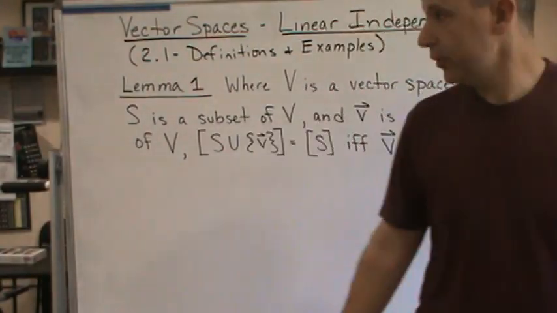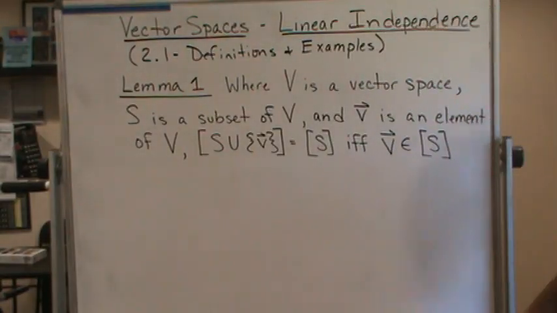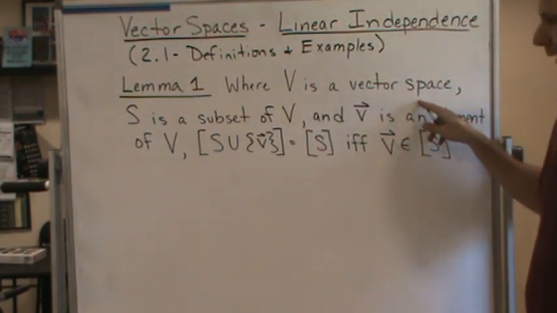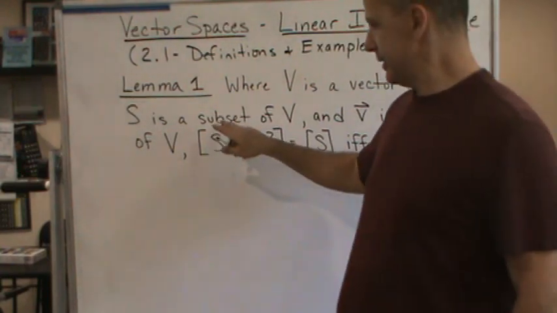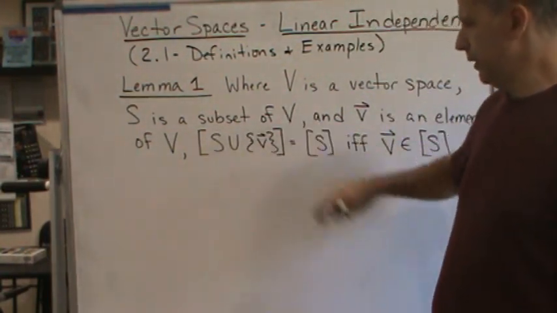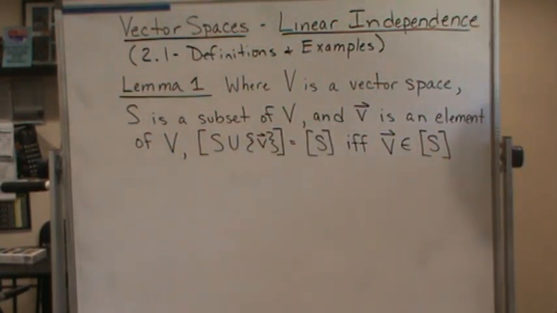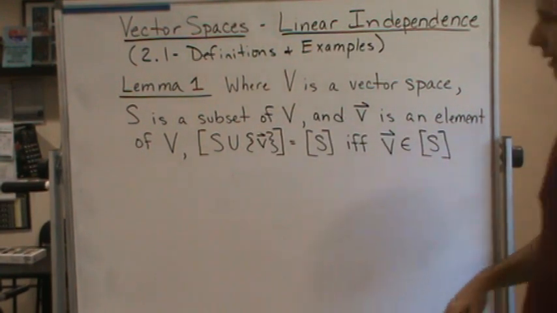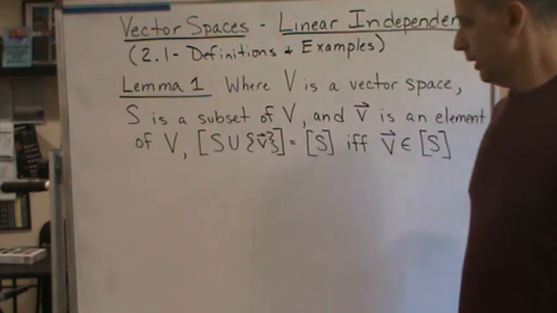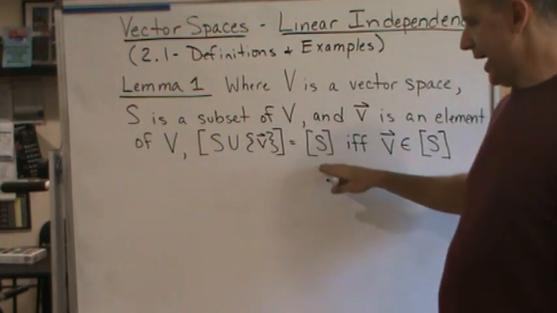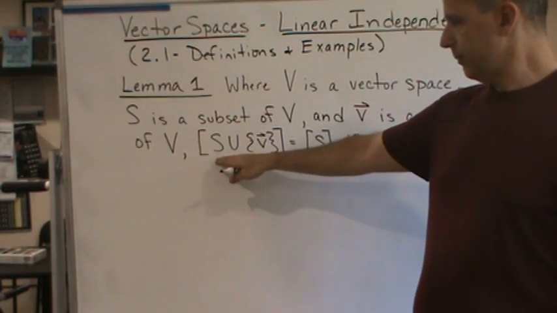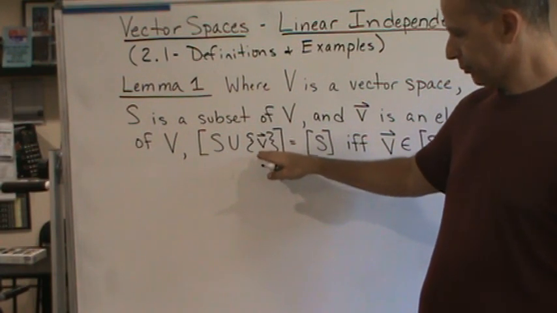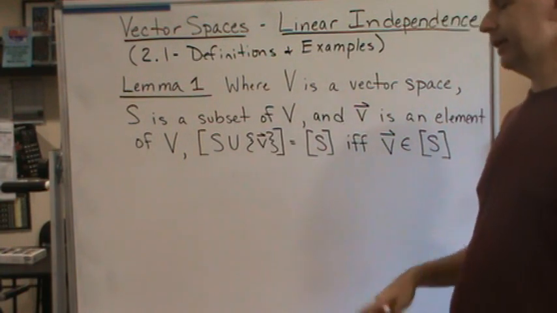Okay, so now we're going to introduce Lemma 1. Lemma 1 says where V is a vector space, S is a subset of V, and the vector v is an element of V, then these two sets are equal.